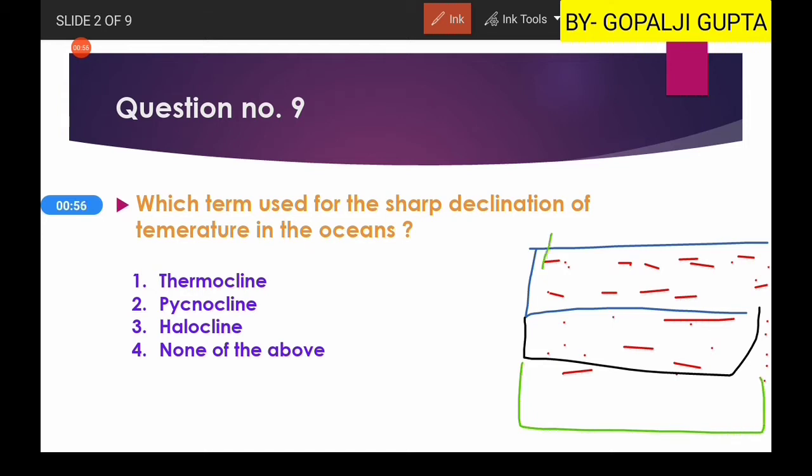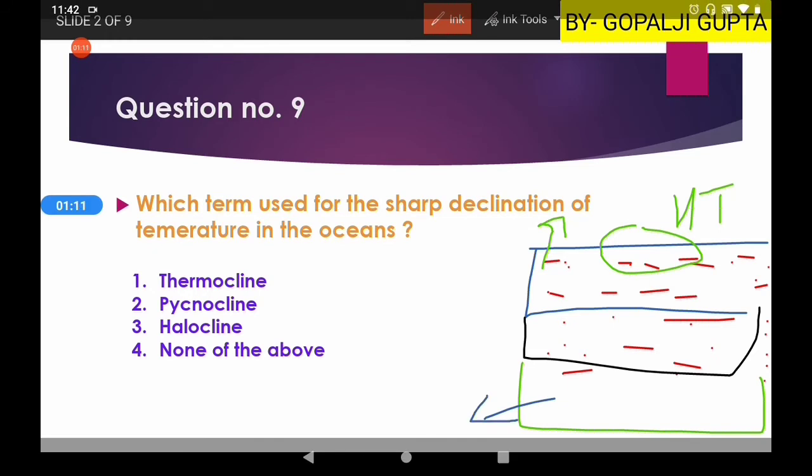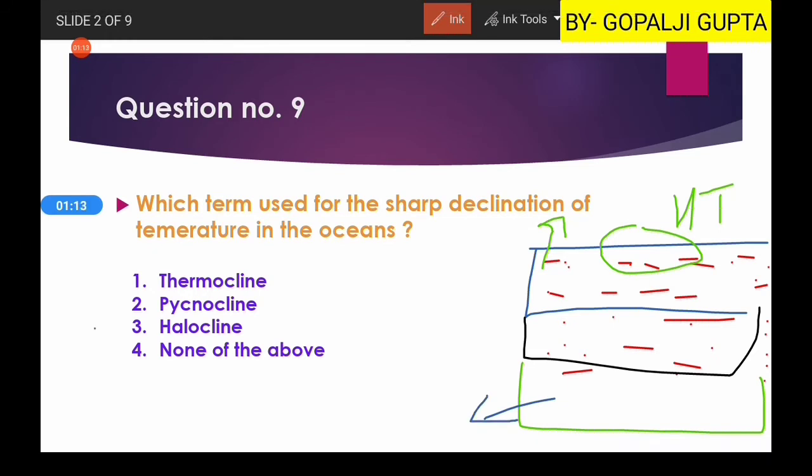The upper part, where there is direct incoming solar radiation, gets heated and has a high temperature, while the lowermost part, the bottom, has no direct sun rays, so it has the lesser temperature.